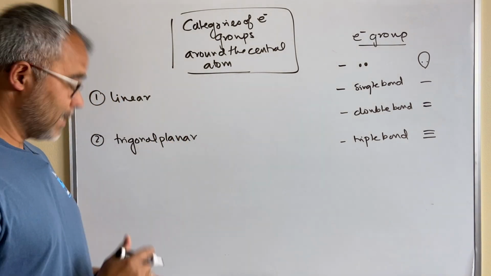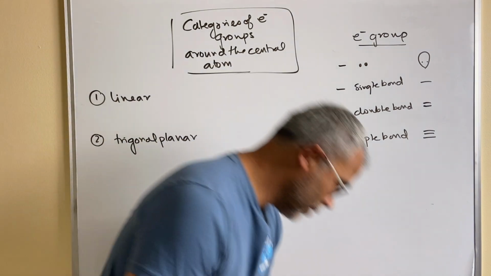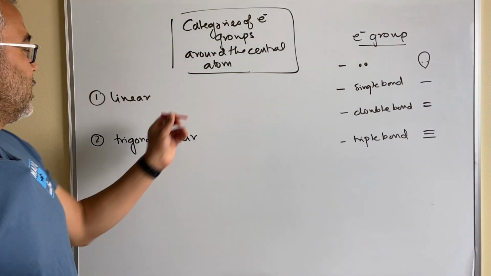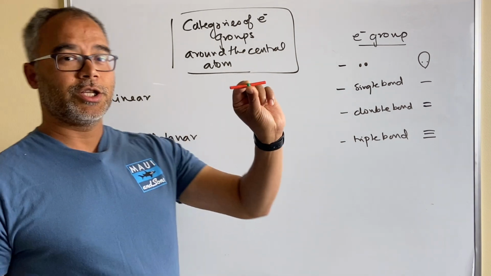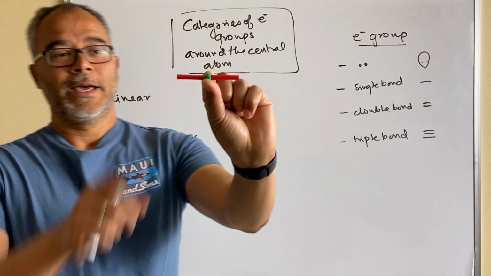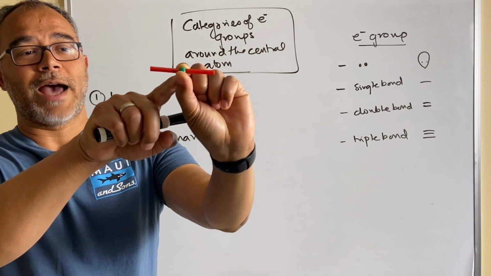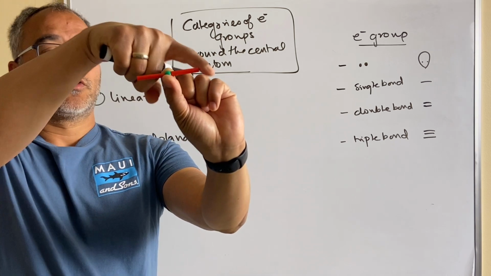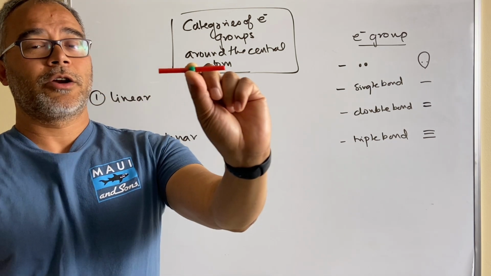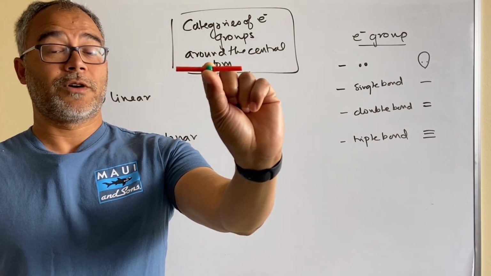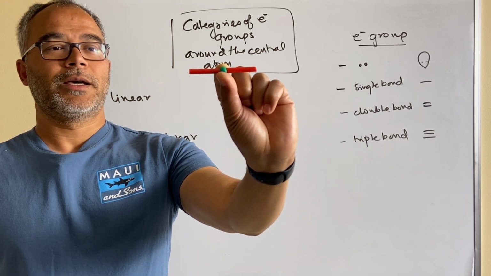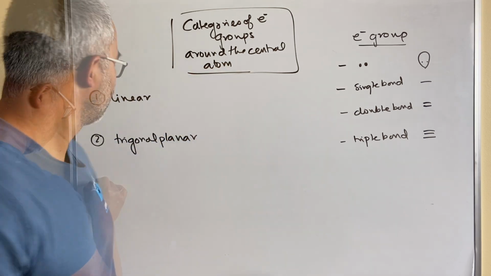Let's take a look at what linear looks like. It's pretty self-explanatory. Linear means, if you imagine the red to be two bonds, and the green is an atom in the center, there'll be two more atoms on this side, but these two bonds are going to space themselves out as far from each other as possible, so that's going to be linear.